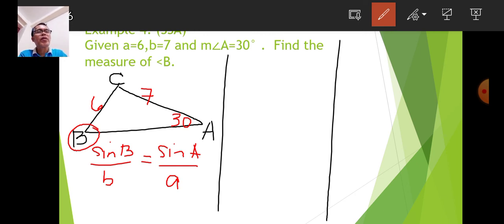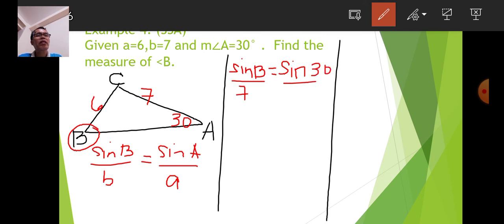So sine B over b, where b is 7, is equal to sine A, where A is 30, over side a, which is 6. So cross multiply.